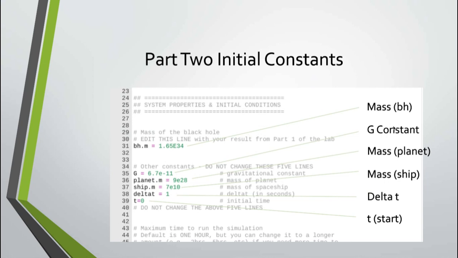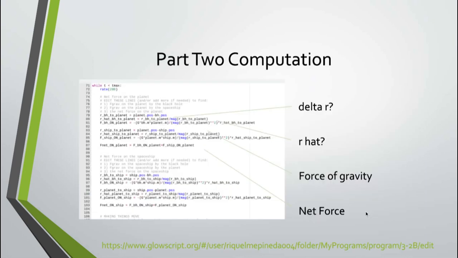For part 2, the initial constants are the mass of the black hole, which we got from the previous part, the gravitational constant, and both the masses of the planet and the ship. Delta T is again 1 second this time, and the start is again 0. For the computation, you have to figure out delta R, R hat, and the force of gravity for each pair: the black hole on the planet, the ship on the planet, the black hole on the ship, and the planet on the ship.